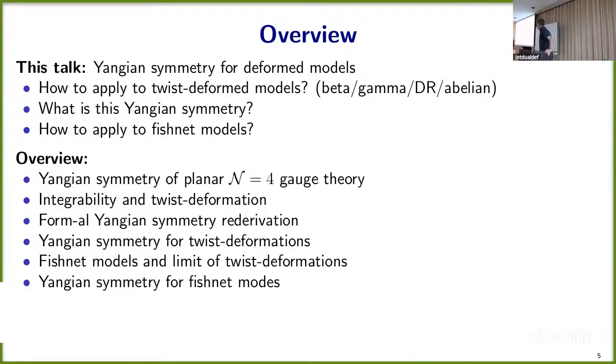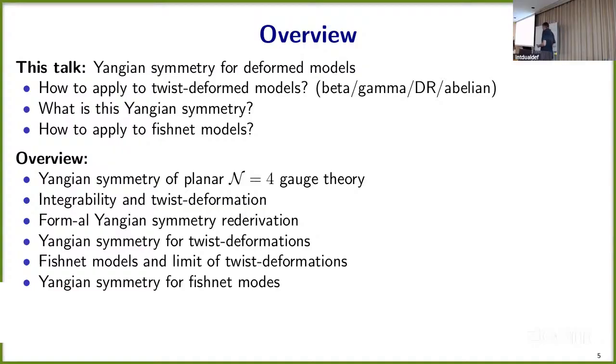So the overview will be that I start with just explaining a bit what Yangian symmetry is in N=4 gauge theory. Review the twist deformation and integrability of it, and then revisit this Yangian symmetry in a somewhat formal way, where formal means variational or differential forms.